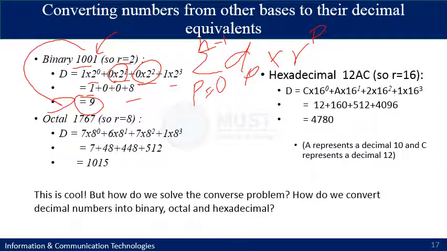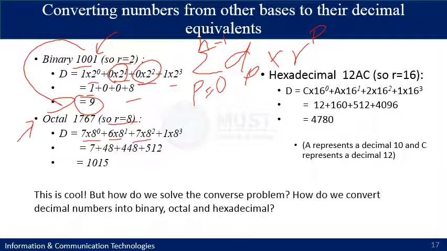So let's see, we have another number which is represented in octal format, which has the base 8, and we use a similar formula, multiplying with the base power location. For the first digit, which is 7, we multiply with 8 power 0. At location 1 we have 8 raised to power 1.